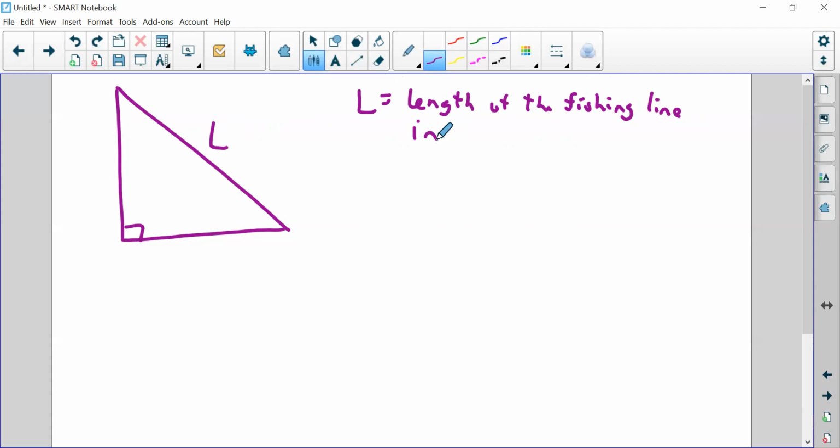Do we need to go to inches or feet at the end? Everything else is in feet, so I'm going to go to feet. Since everything else is in feet, I want to do feet.